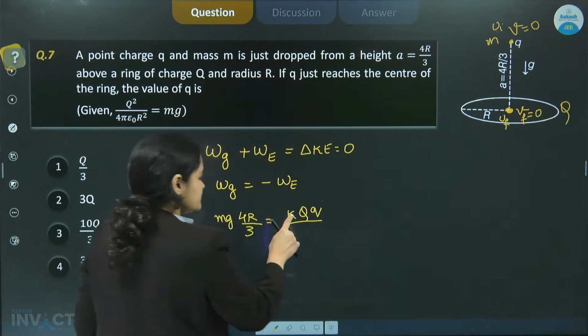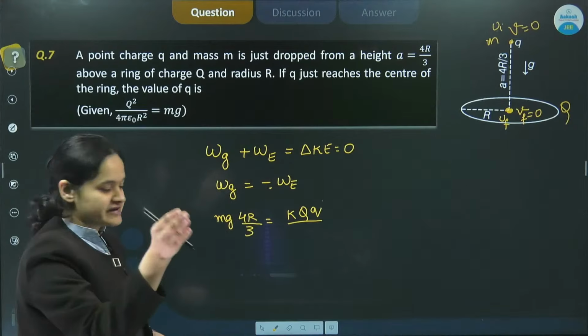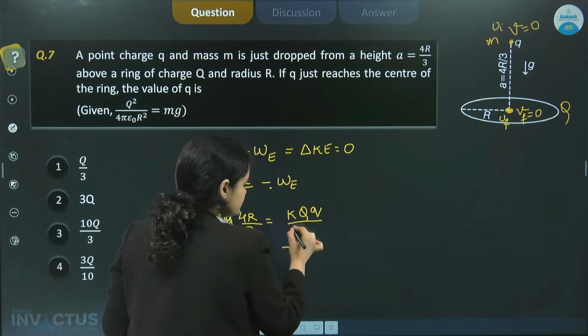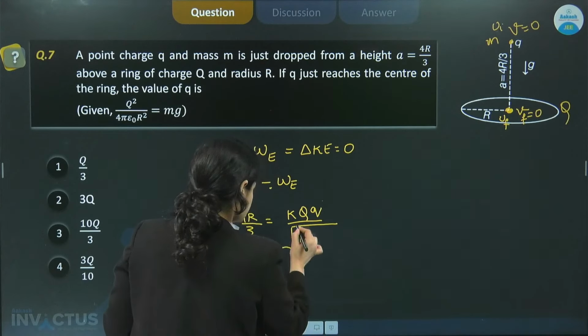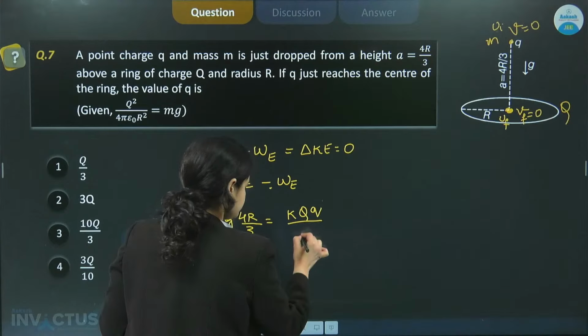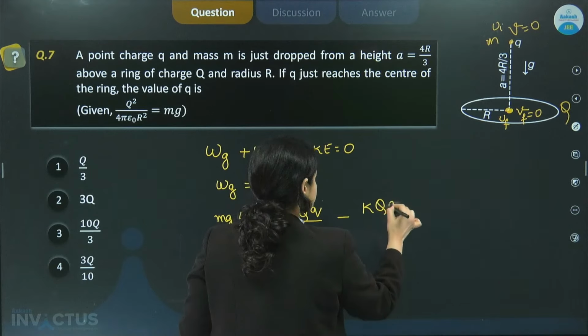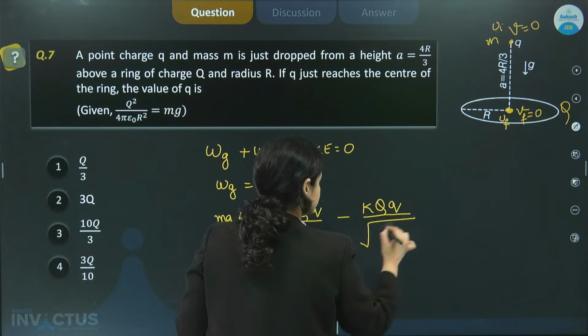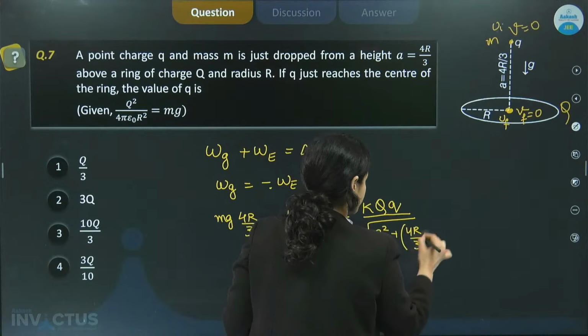So this is because negative of work done by electric field will be the change in potential energy, final minus initial. So this is going to be root of, at the center, so this is just going to be R. Then this will be minus of K into capital Q small q divided by root of R square plus 4R by 3 whole square.